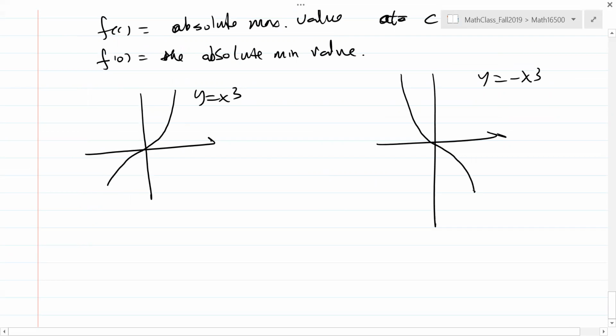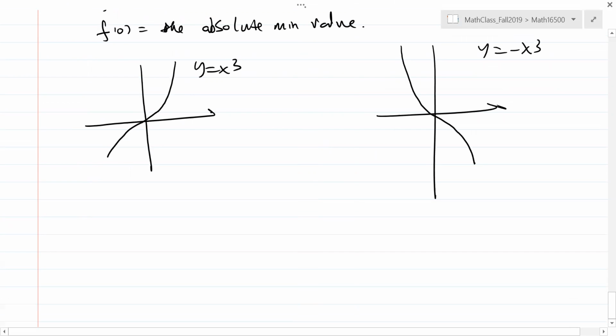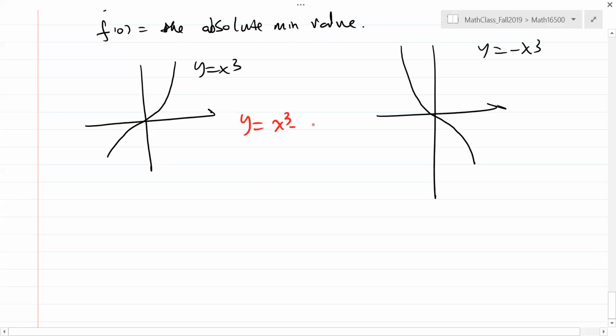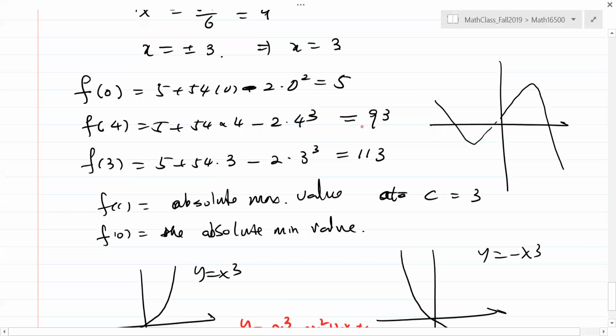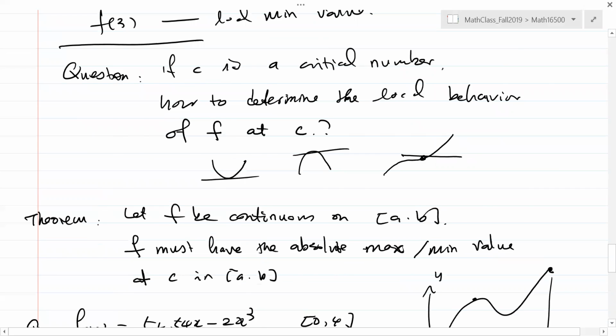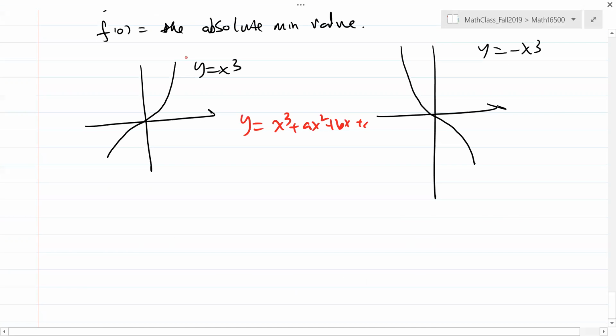But if you add some terms, it disturbs the graph. When x is sufficiently large, it is still the same, but the graph will be twisted up and down somewhere.